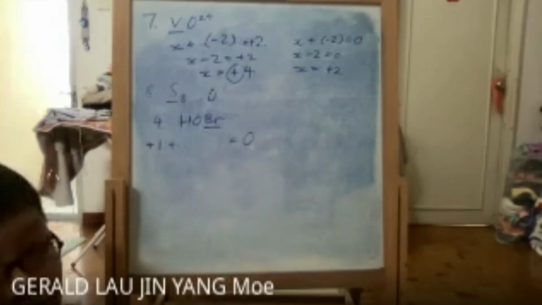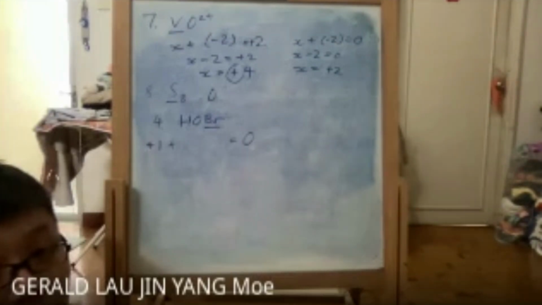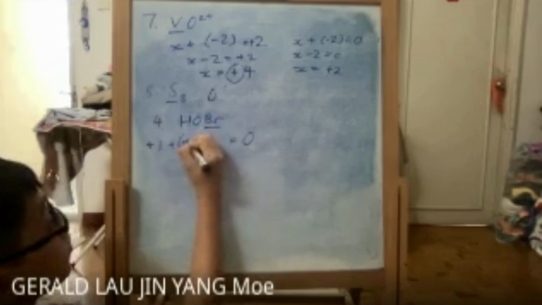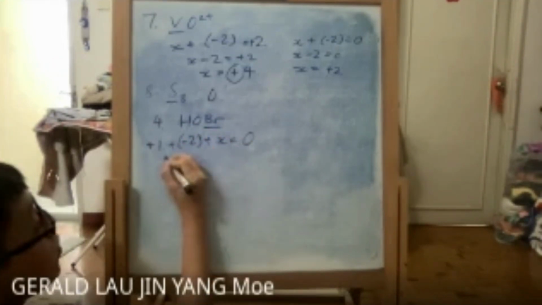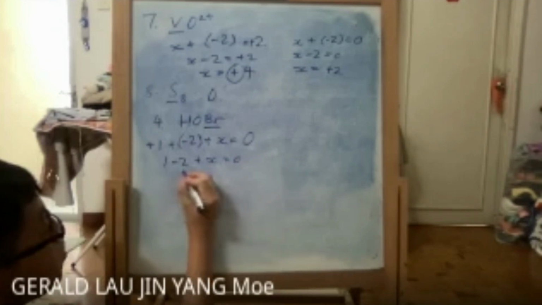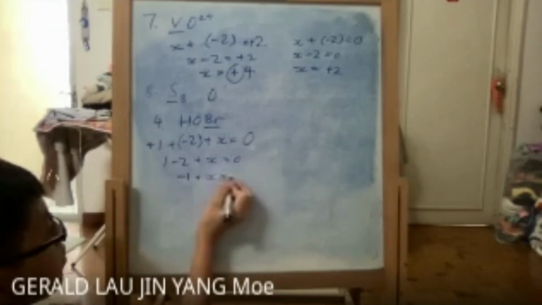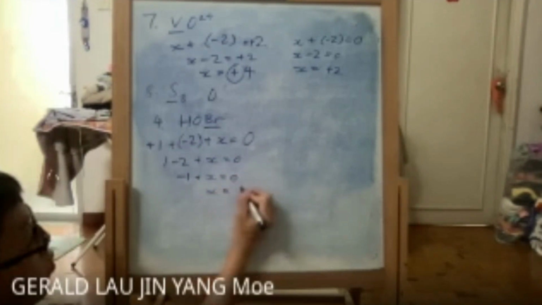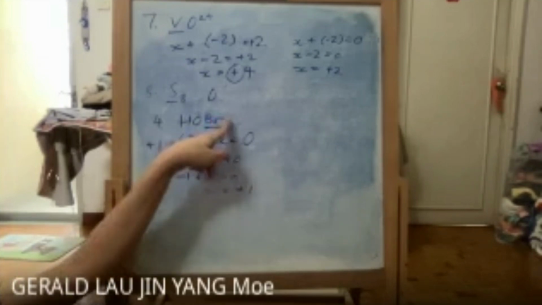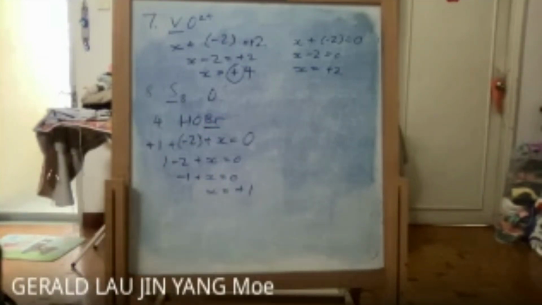O is how much? Positive 2 or negative 2? Negative 2. And your X. So 1 minus 2 plus X equals 0. So negative 1 plus X equals 0. So X equals positive 1. Understand? So your charge for this bromine is positive 1.